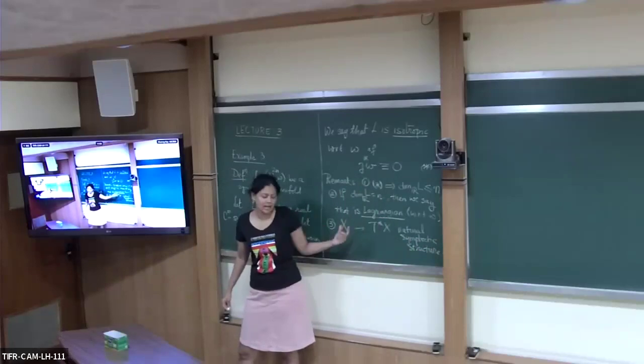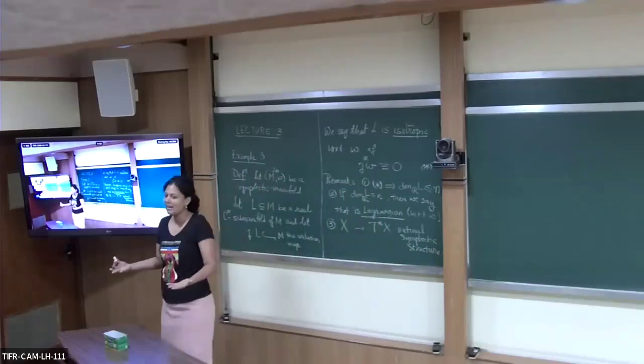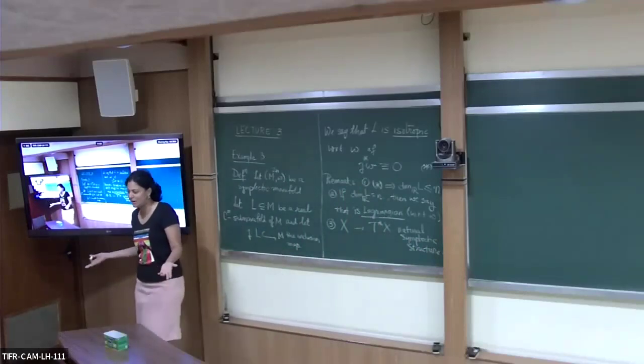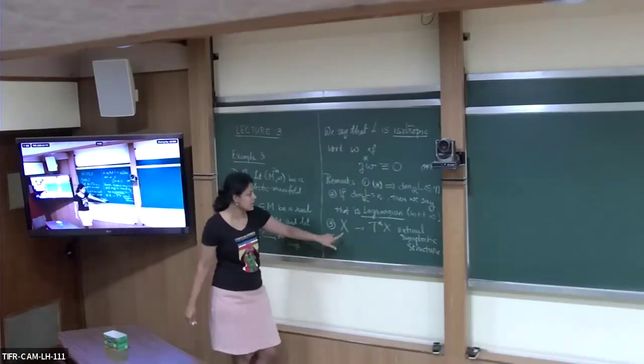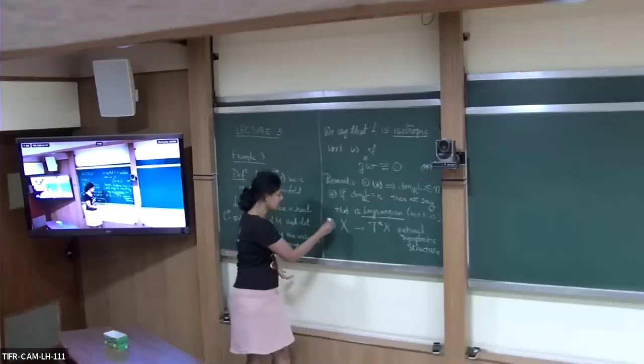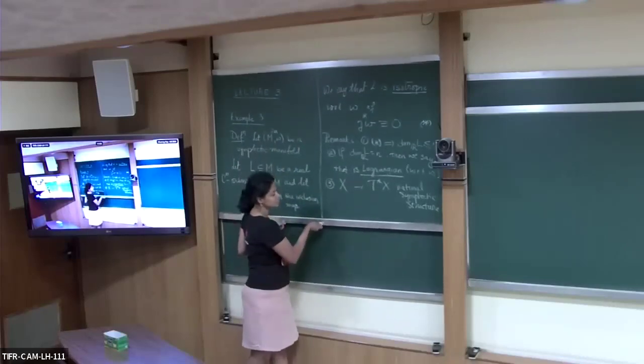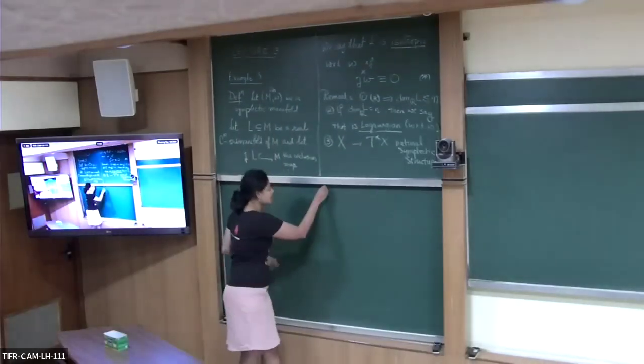And then X will sit inside T star of X as a Lagrangian submanifold. So in some sense, there is this idea that basically every manifold is a Lagrangian submanifold of some natural symplectic space. We'll see another situation where this pops up for us, but these are just remarks for people who've never seen any symplectic geometry and may wonder why we care about things like this.